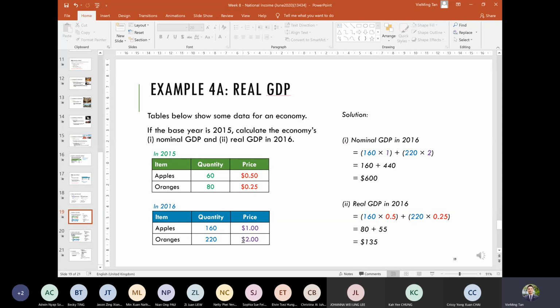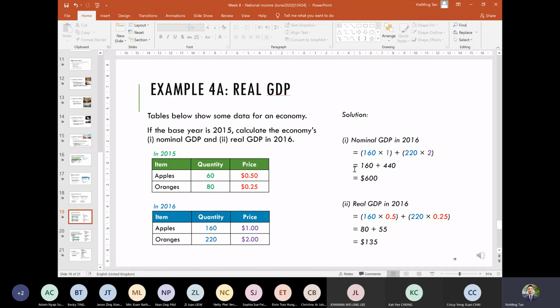To calculate the nominal GDP in 2016, we just need to use price multiplied by quantity for each product. So for apple, 160 multiplied by 1, then plus the orange, quantity multiplied by price, 220 multiplied by 2.